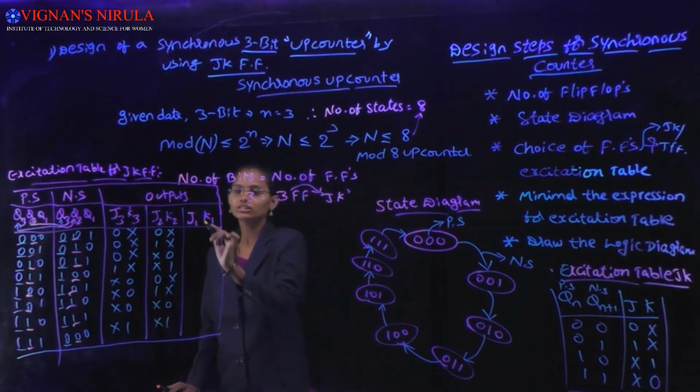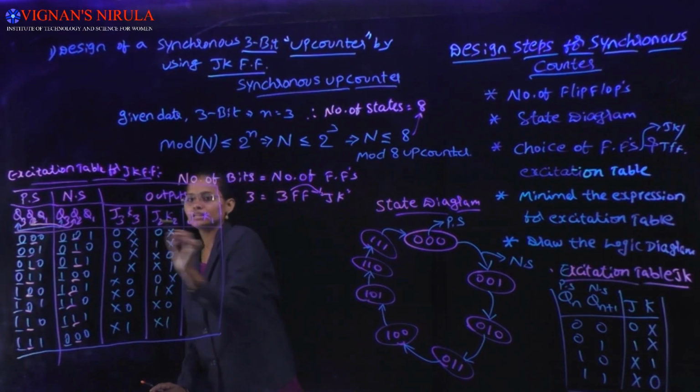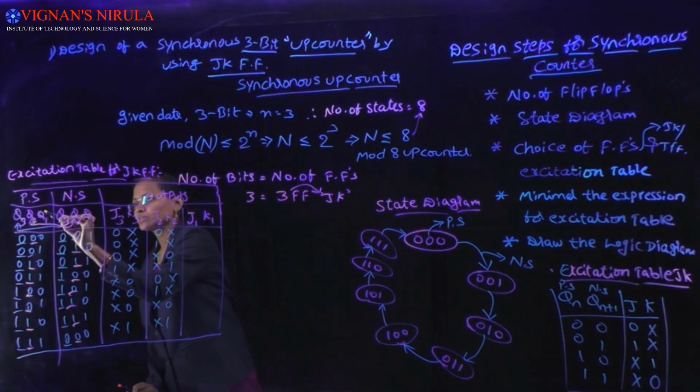And next find out the J1, K1 outputs. Here observe Q1, Q1 present state and Q1 next state.